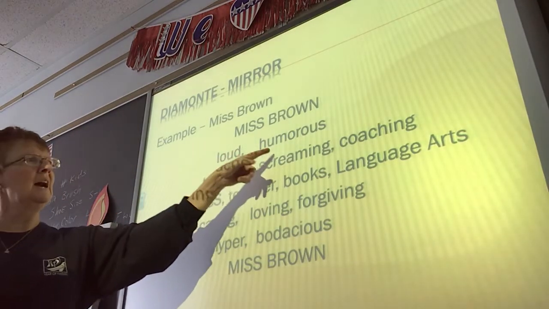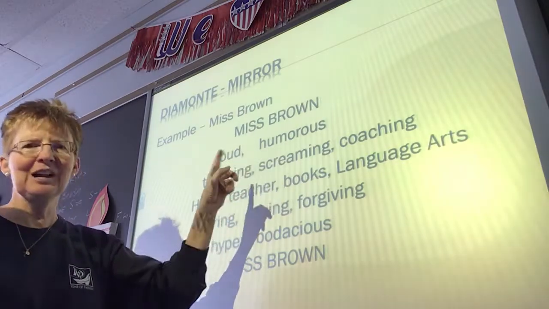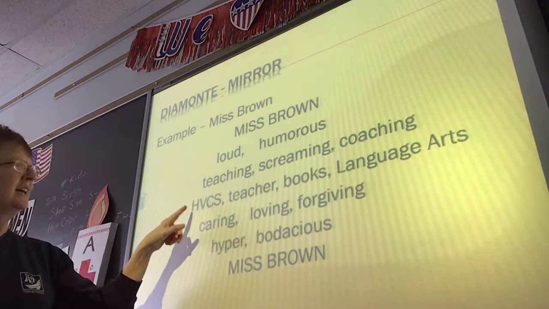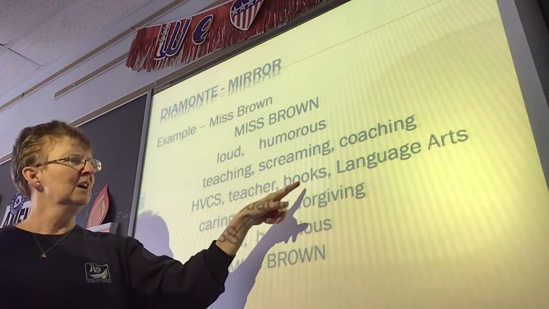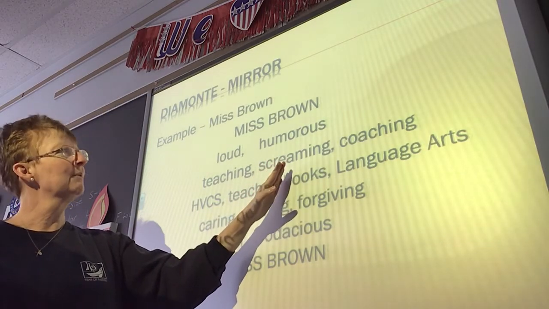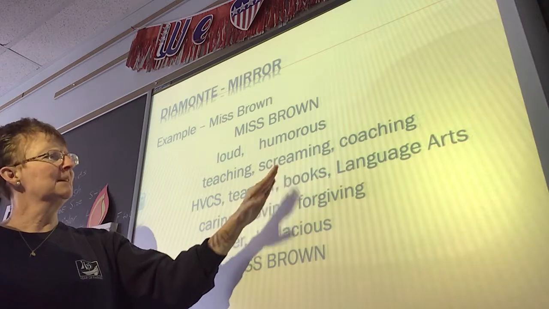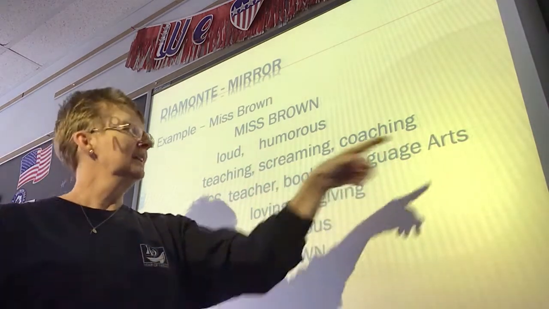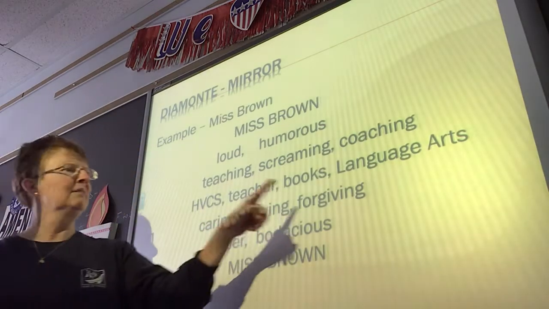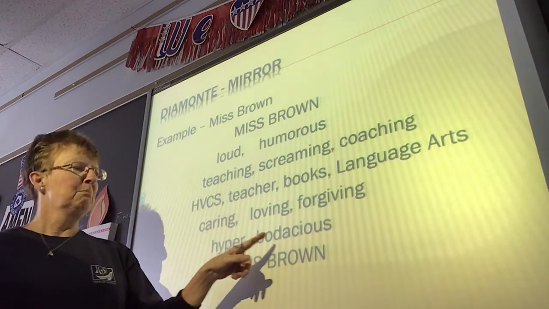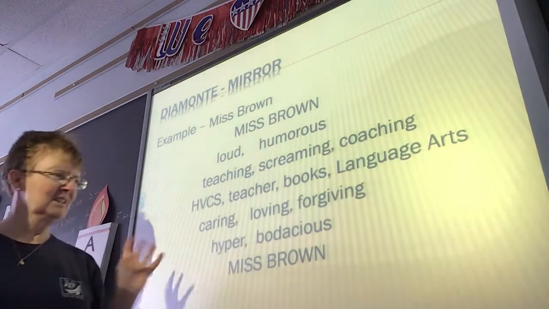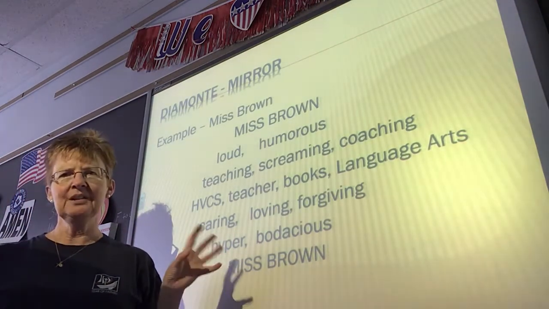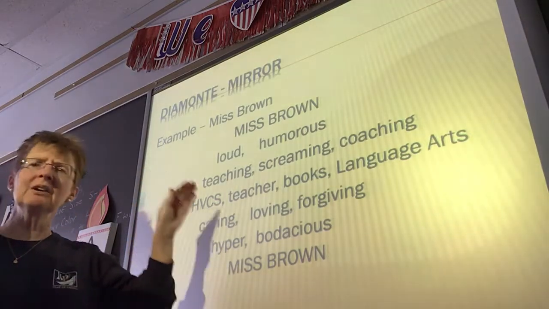So they did loud, humorous, some of you may not agree, but humorous, teaching, screaming, coaching, HVCS, teacher, and here's where we would divide it if we were doing an opposite, but we're not, we're doing the same, so it all goes on. Books, language arts, caring, loving, forgiving, hyper, bodacious, which means kind of loud and out there, Miss Brown. So that's how it works if you're doing a mirror diamante.